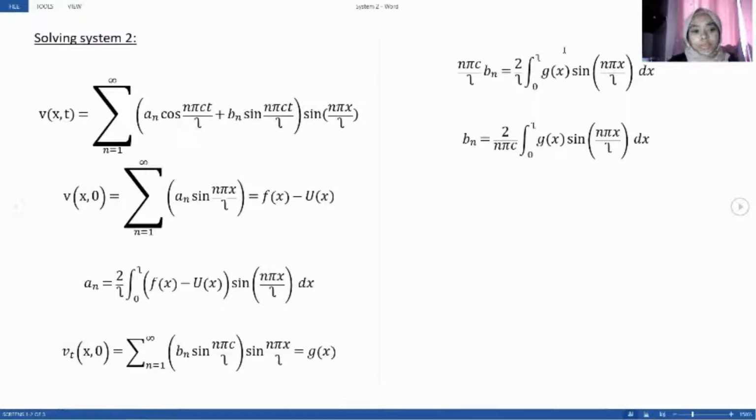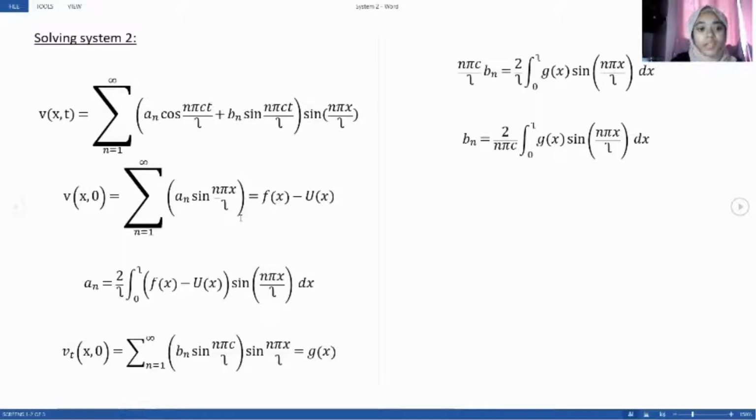We need to calculate them. In order to obtain the values of a_n and b_n, we have to apply the initial conditions. As you can see here, we substitute the value of t equal to 0. Hence, for v with t equal to 0, we obtain the summation from n equal to 1 to infinity of a_n sin(n pi x over L), which is equivalent to f(x) minus u(x).